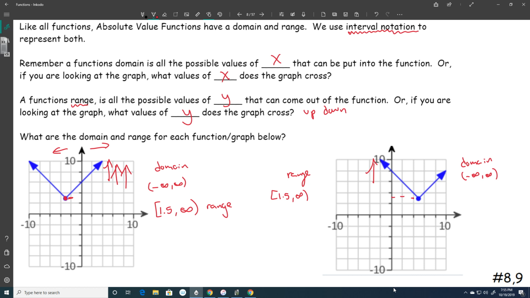Now, if this one had been down, let's say that this graph had been going the other direction. If this one had been pointed down, then it wouldn't go up forever. It would be going down forever. So I would actually have negative infinity at the bottom, and it would go up to 1.5. So that would be my top number, and I'd use a bracket there.